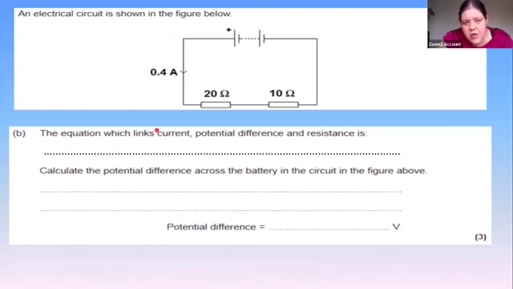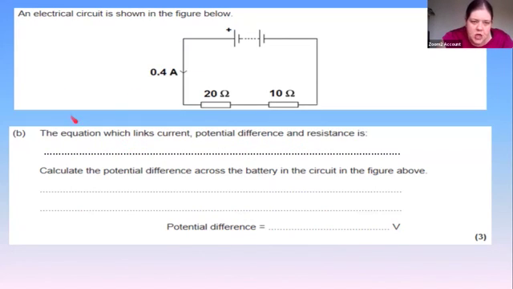So the equation that links current, potential difference and resistance, and you hopefully have noticed I kept going on about it, V equals IR. That is the correct equation for this. The V is the potential difference, the I is the current, and the R is the resistance. So V equals IR, and you would actually get a mark if you just wrote V equals IR.